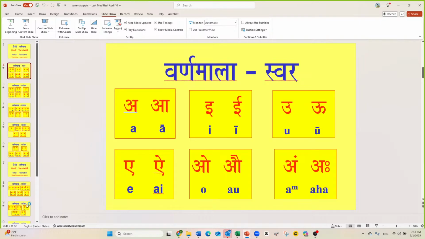Okay, now where do we find the short forms of vowels? In your cheat sheet, if you all see, let me see if I can bring up the cheat sheet and show it to you. Give me a minute.